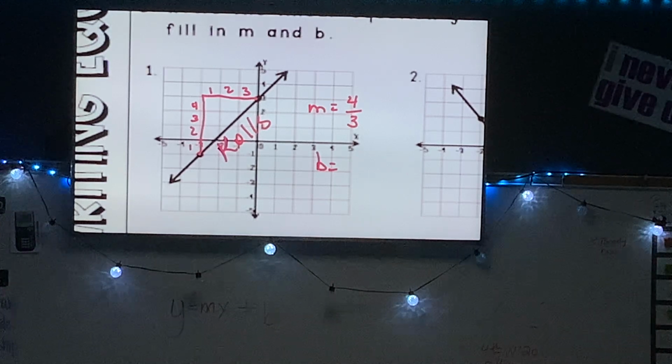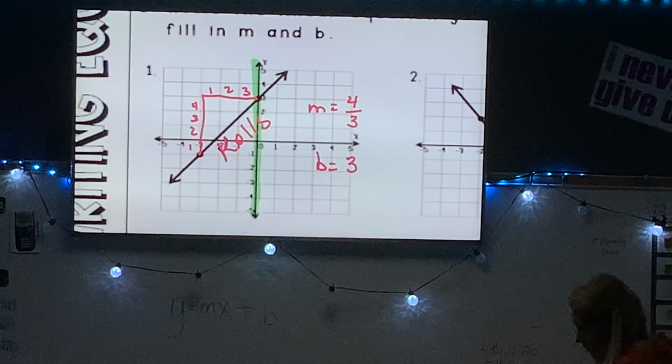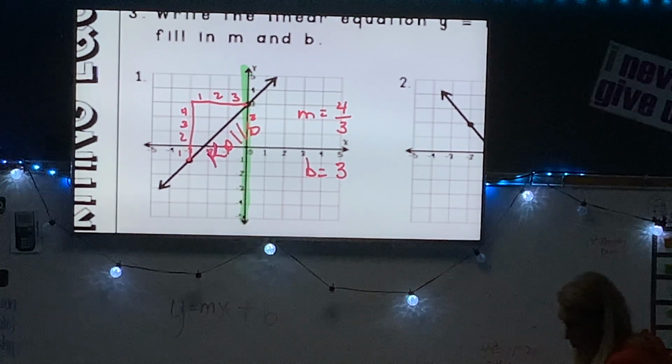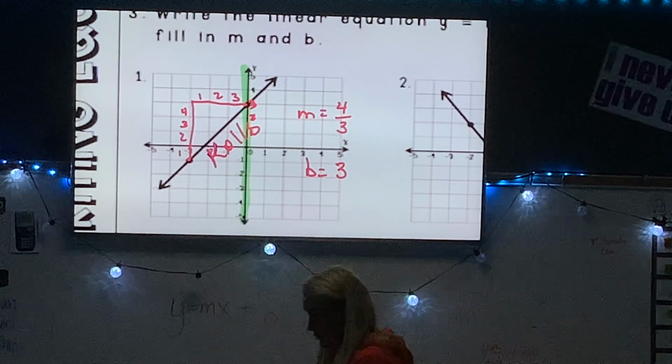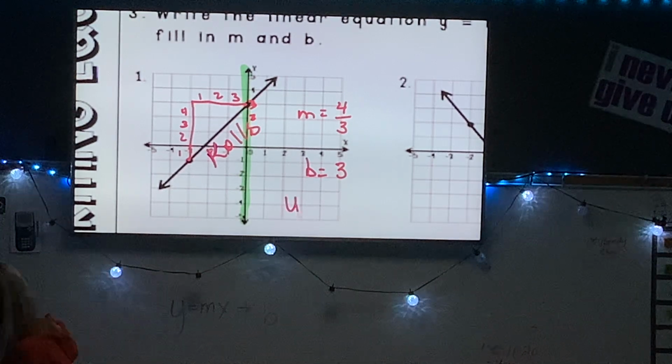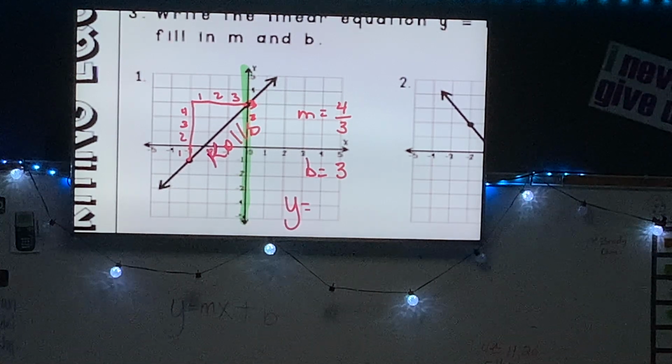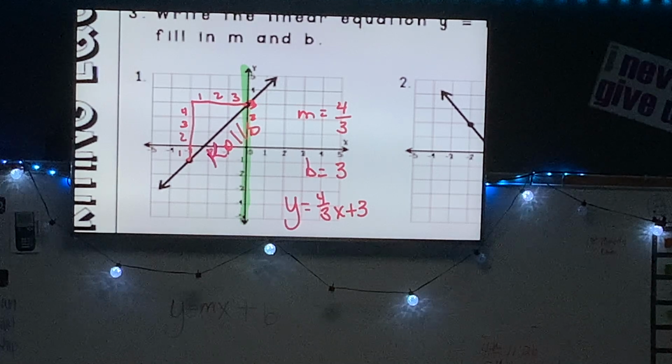Where's it? Okay, let's do this. Here's my y-axis. Where's it crossing that? And I just heard it, a 3. And if you need to, you could go 1, 2, 3. It is crossing at 3. So to write that, I would write it as y equals, don't forget the y equals, 4/3 x plus 3.